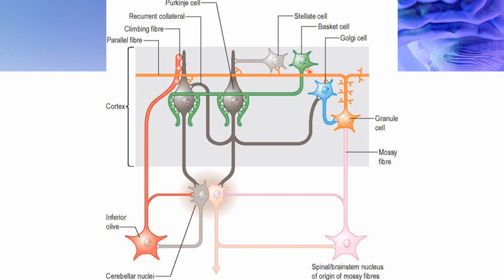But the stellate and basket cells are inhibitory, and these two cells inhibit the Purkinje cell. Upon stimulation, the Purkinje cells inhibit the deep cerebellar nuclei and also give a collateral branch to the Golgi type 2 cell, which upon stimulation inhibits the granule cell. So these are very important, very interesting connections present in the cerebellum.